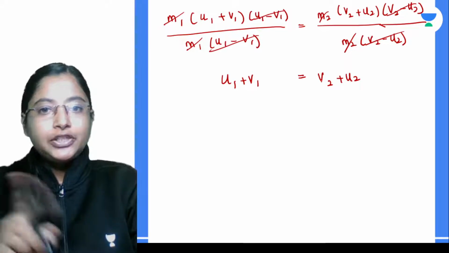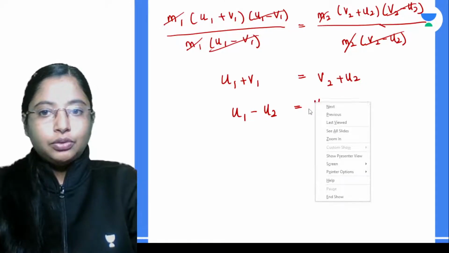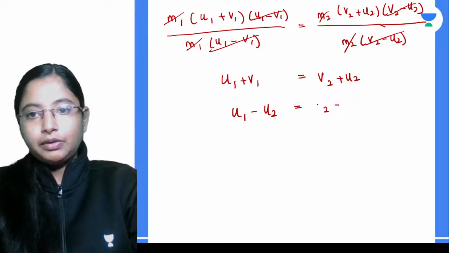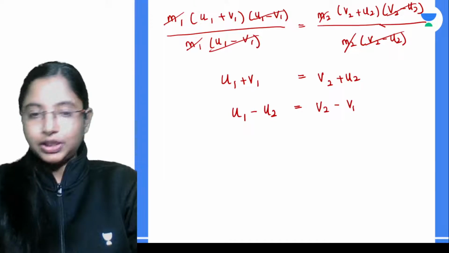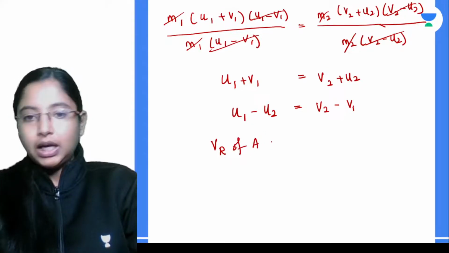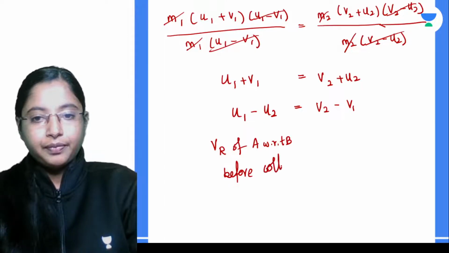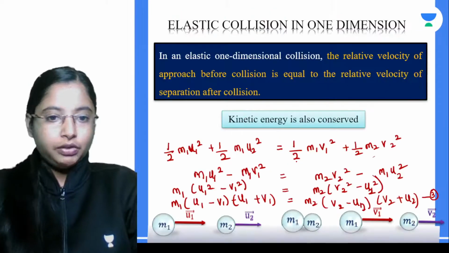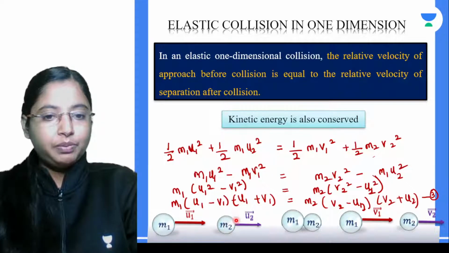Let's take initial velocities to one side. So you have u1 minus u2 equal to v2 minus v1. u1 minus u2 is nothing but the relative velocity of object A with respect to B before collision.